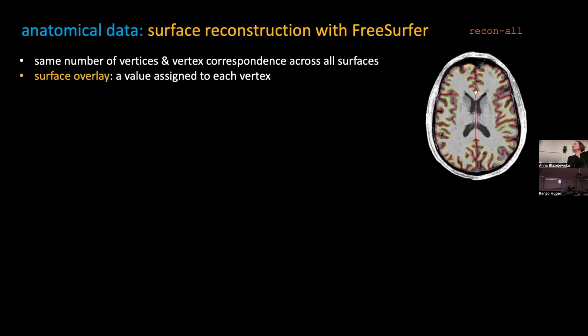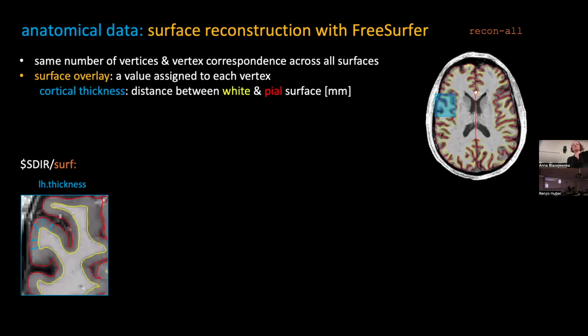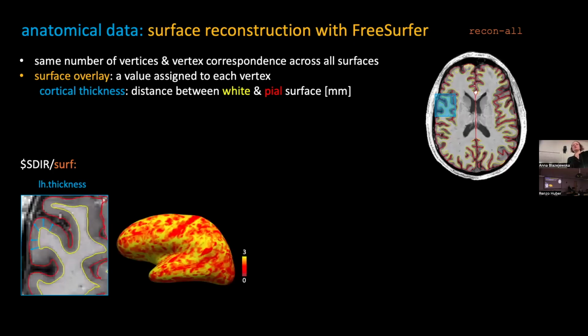And now I just wanted to quickly introduce the concept of surface overlay. A surface overlay is a data file that has a value assigned to each vertex. Two interesting and useful overlays created in Freesurfer that illustrate that concept are cortical thickness, which is the distance calculated between the white matter and pial surface, and you can see how it looks overlaid on this inflated surface.